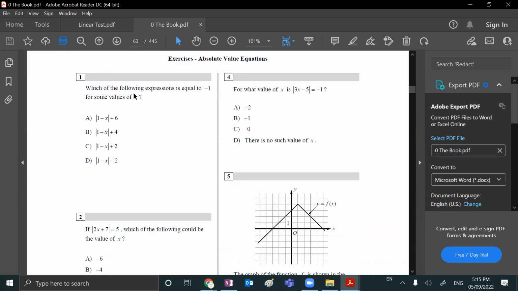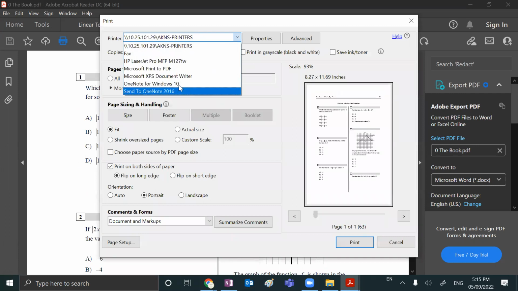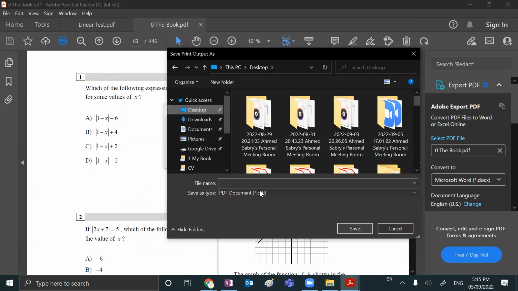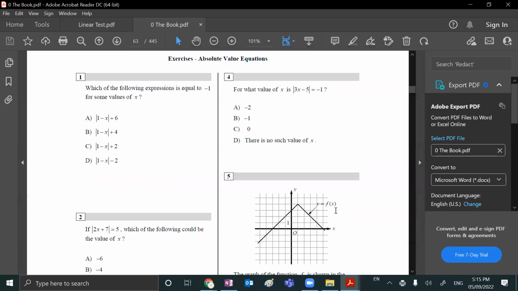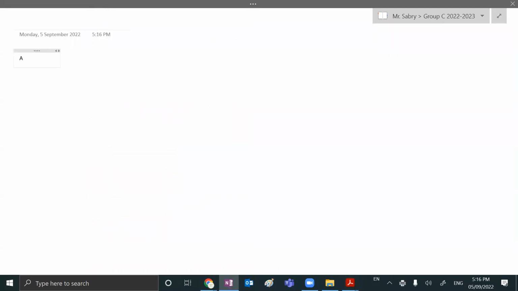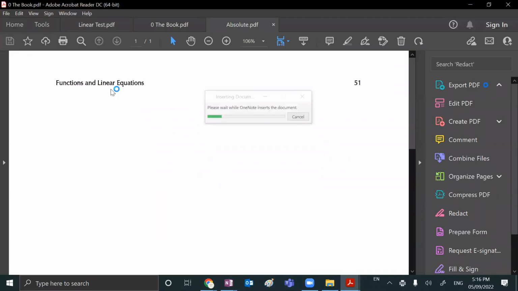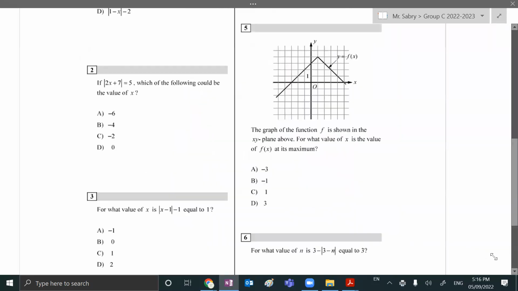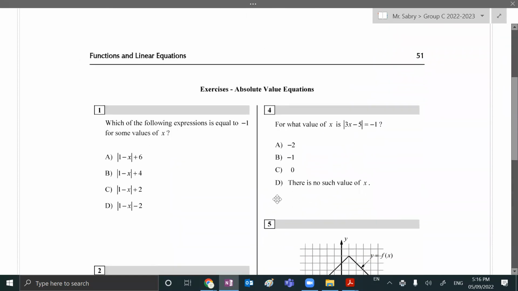Let me get it out. Look at one. Let's try this one out.